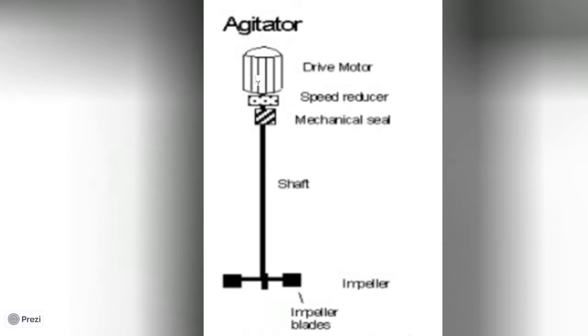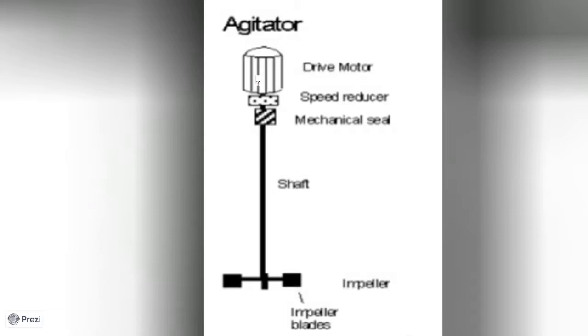The agitators are driven using a suitable motor, and the other end of the agitator is connected with the impeller blades. The design and the number of impellers connected to the agitator increase the mass transfer rate inside the reactor.